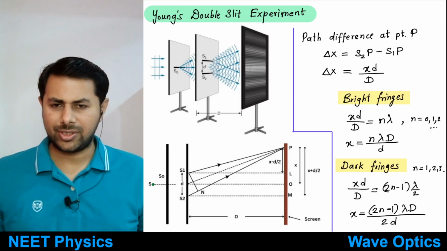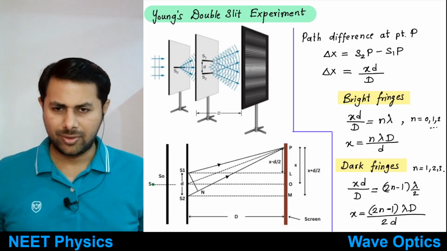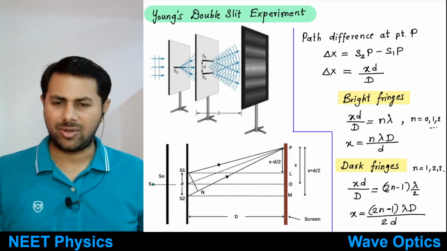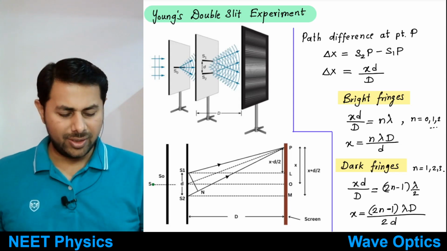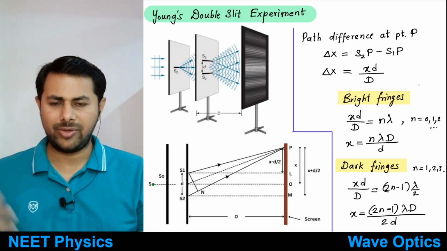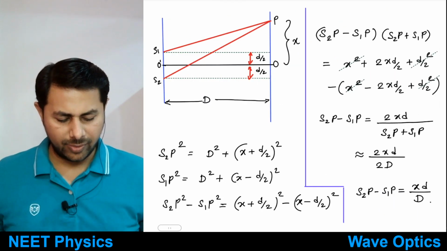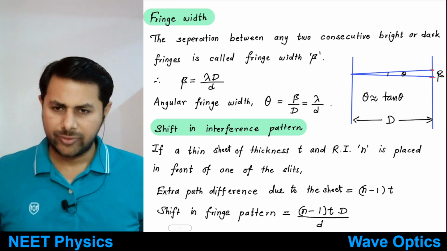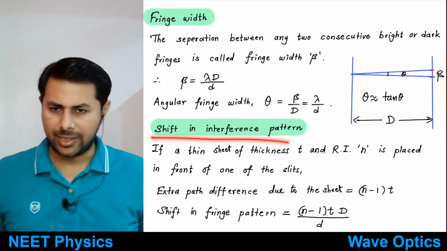So there have been questions like that. Suppose the complete apparatus is dropped in water, what would be the fringe width? Earlier the fringe width was, suppose, x, what is the fringe width then? And very few times, but there has been a question like this also.